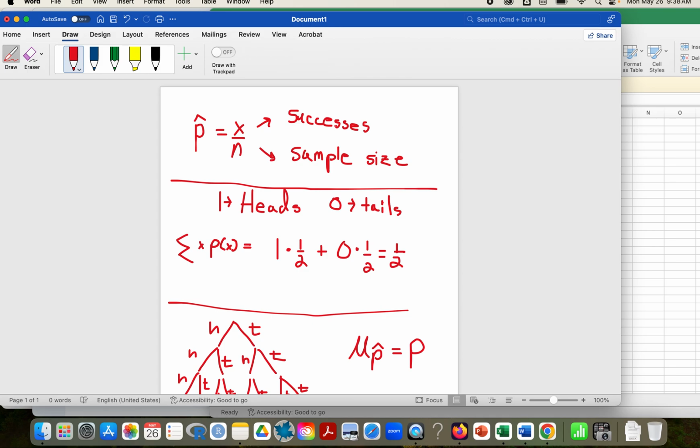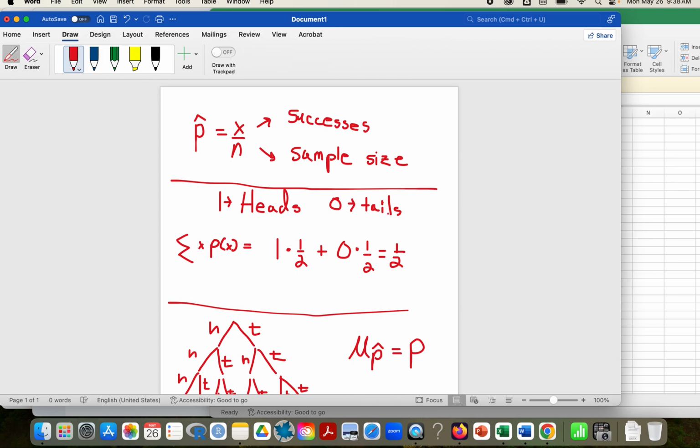Okay, so what we're going to do is we're going to not necessarily prove it, but we're going to try and show you how it happens with an example. So we need to characterize our heads and our tails numerically.